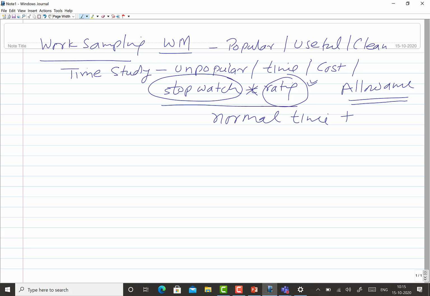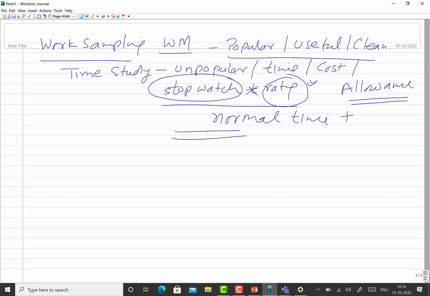As compared to these undesirable aspects and subjectivities, work sampling is somewhat better. It is more acceptable and more useful, because you can conduct the studies over a long period of time, maybe a number of hours, days, even months, depending upon the nature of the work to be studied.